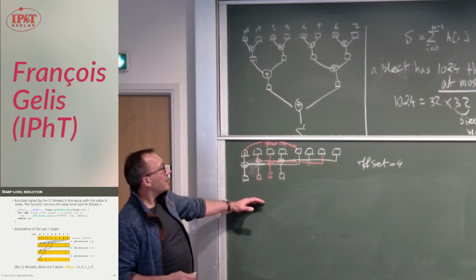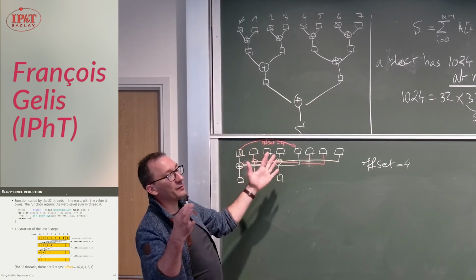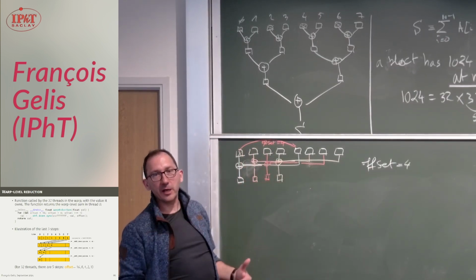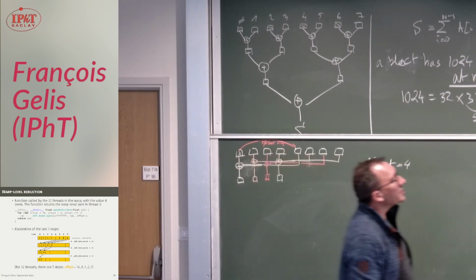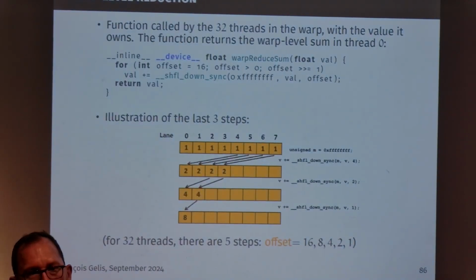So you start from 32 and the offset is 16, half of 32, and then the next stage is offset equal 8, until the last, which is offset 1. In a sense, this function is doing the address calculation automatically. You don't have to code that yourself.